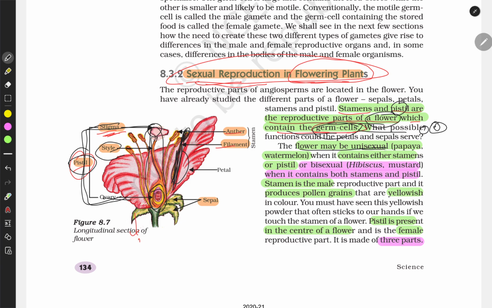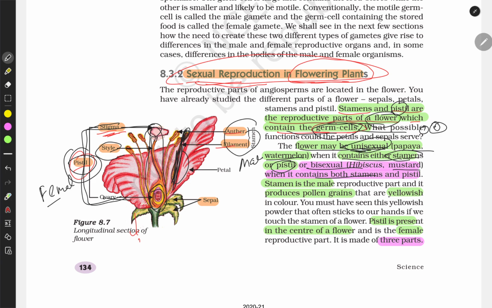A flower may be bisexual, like papaya or watermelon, which contain both the stamen and the pistil. So those flowers which contain both male and female parts are called bisexual, and those which contain only one are unisexual.